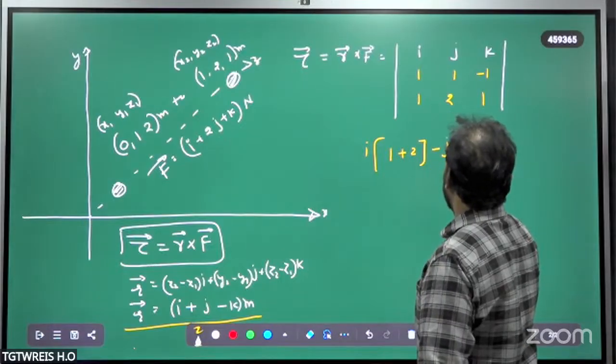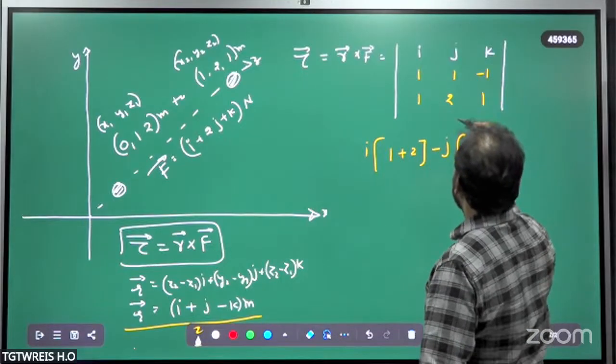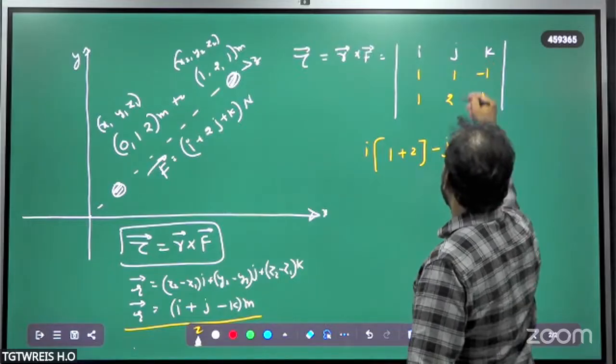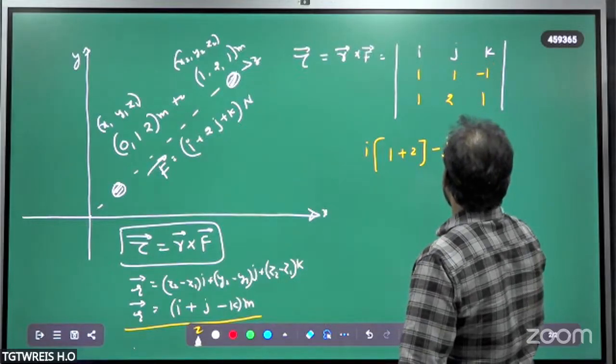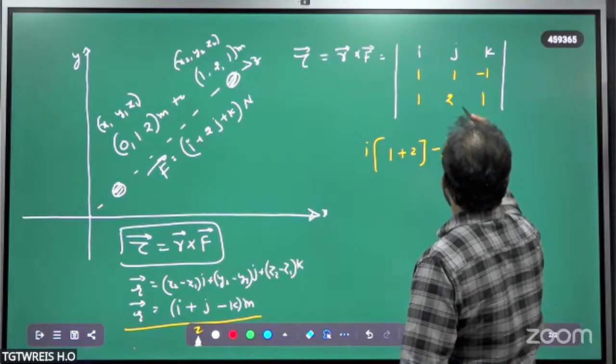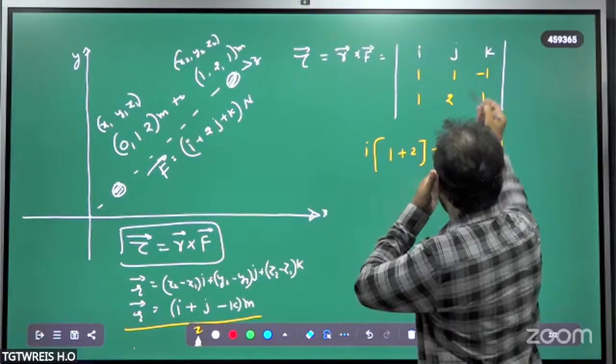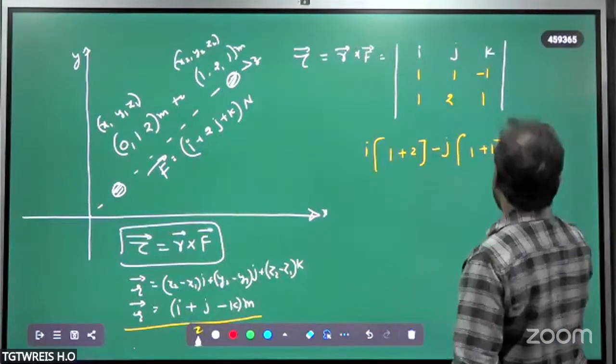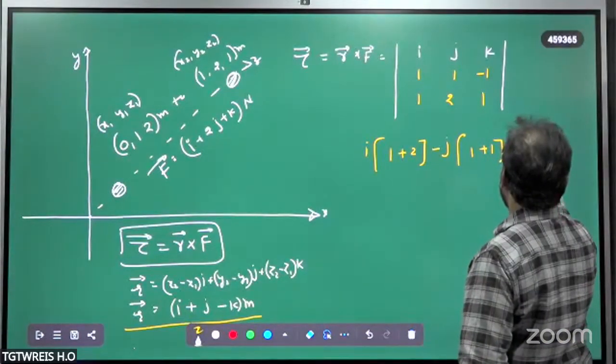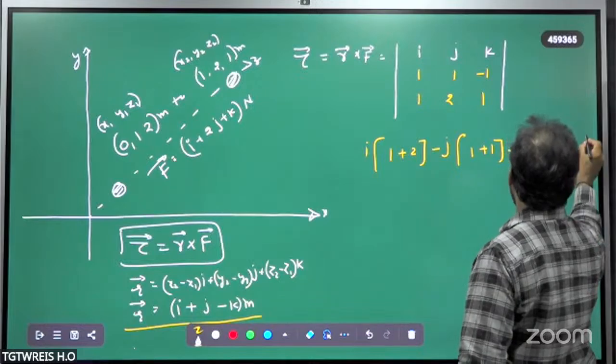Minus j of, what is its value? This gets cancelled out. 1 plus 1 is 2. Then 1 into 1 is 1, 1 into minus 1 is minus 1, plus k of, what is the k?